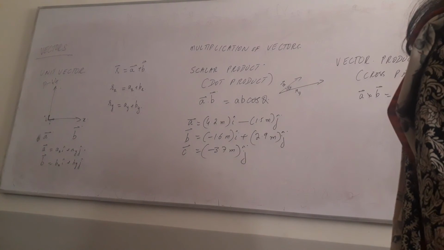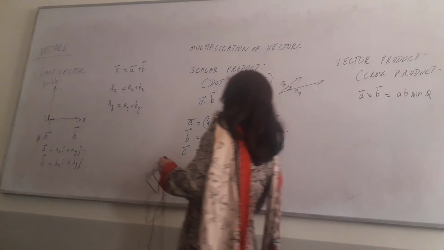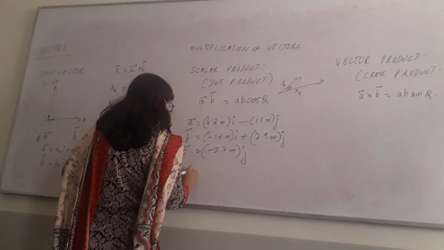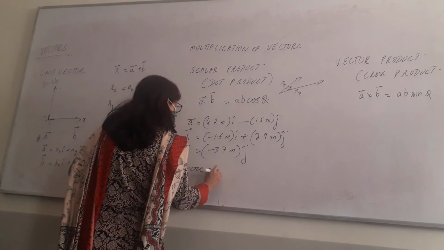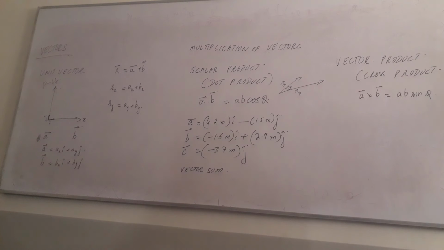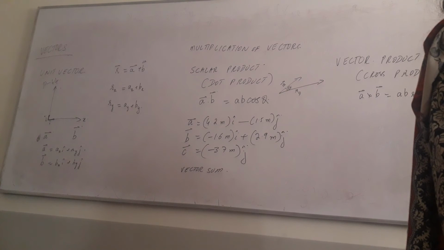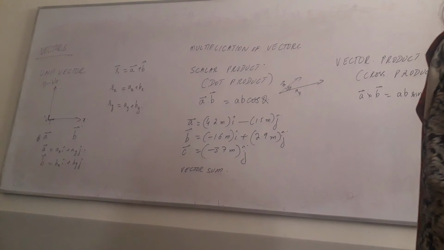What is their vector sum? You have to find the vector sum, and the diagram that represents these vectors will be something like this.